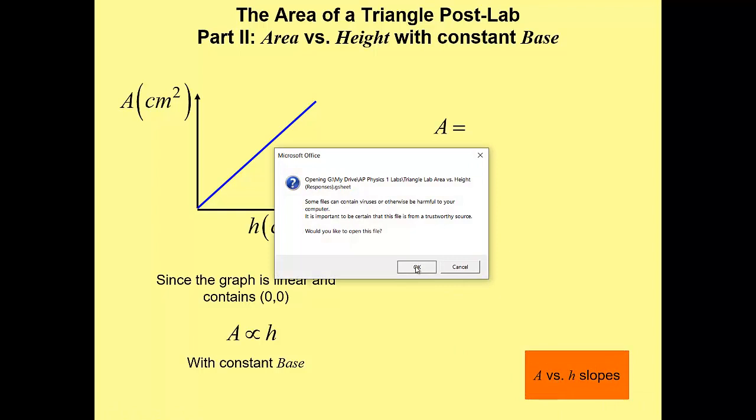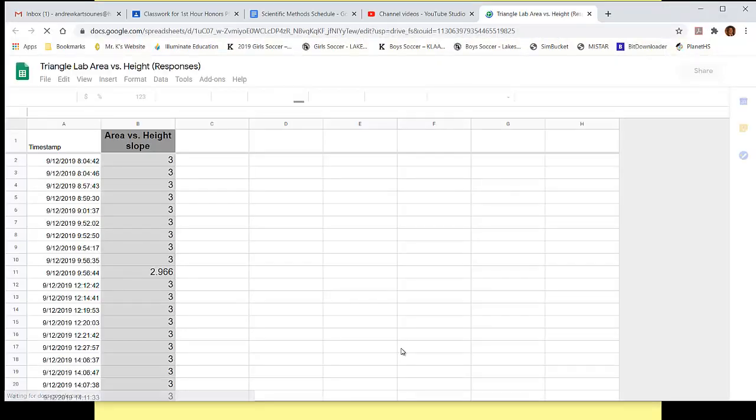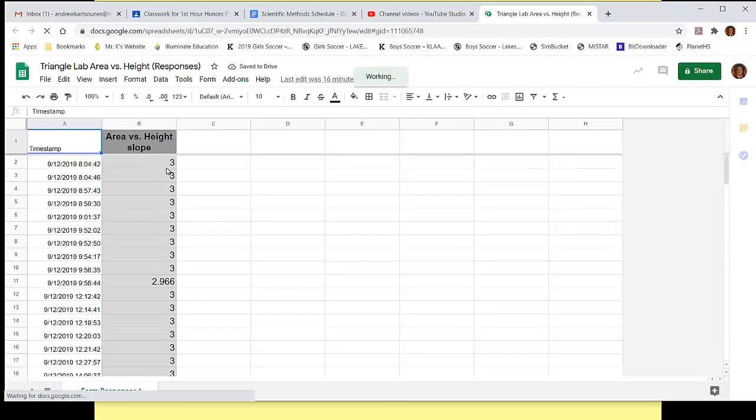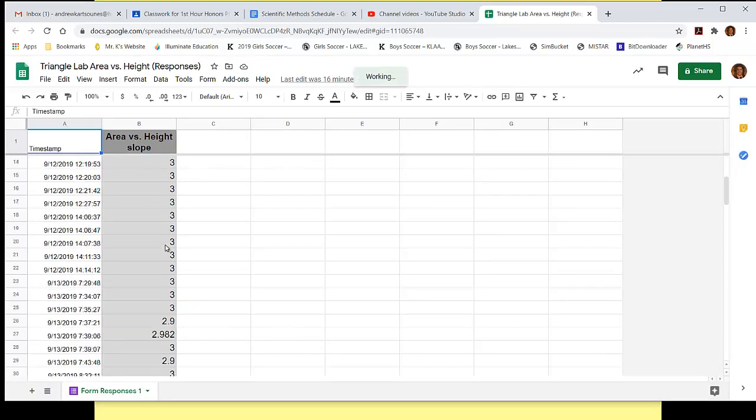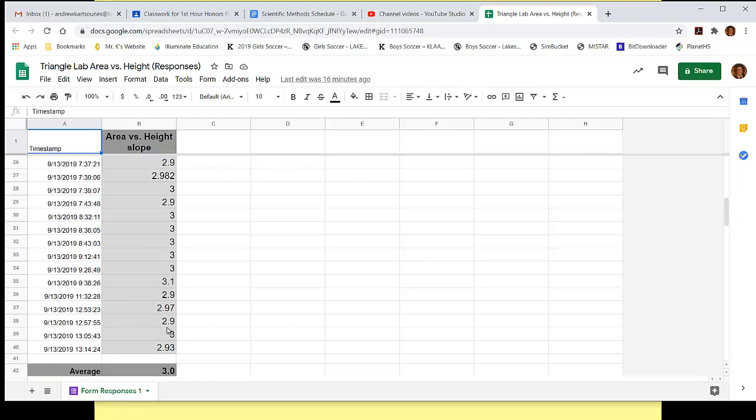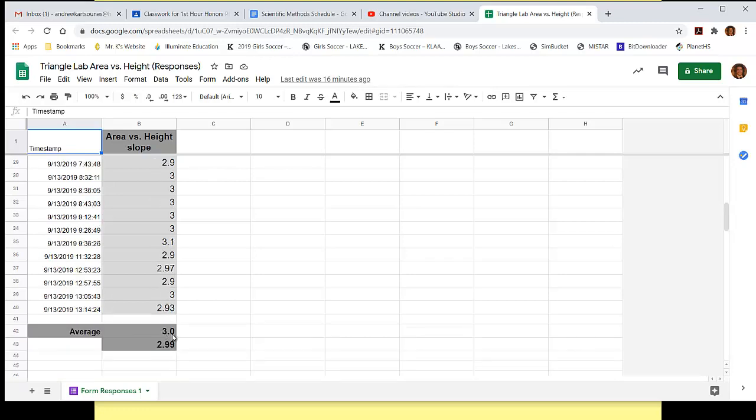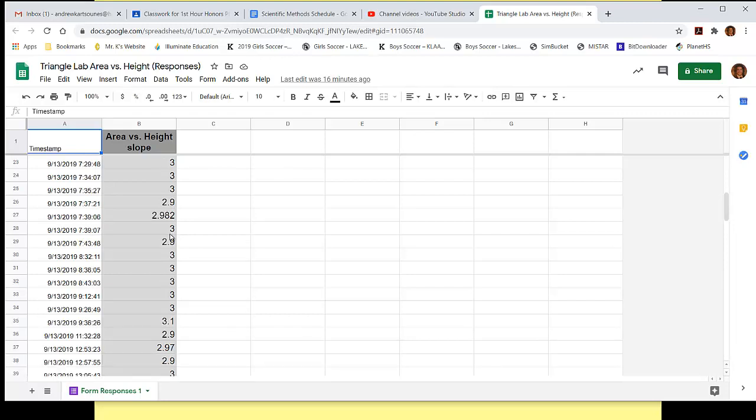So again, if we gather them all up from a few years ago, you're going to see that they are all pretty darn close to one another. There's somebody who wrote 4 sig figs. A couple of 2.9ers, even a 3.1. But the average to 2 sig figs is pretty much 3.0. By the way, these are all 3.0s that you're seeing here. That's what they typed them in as, but the program rounds off.